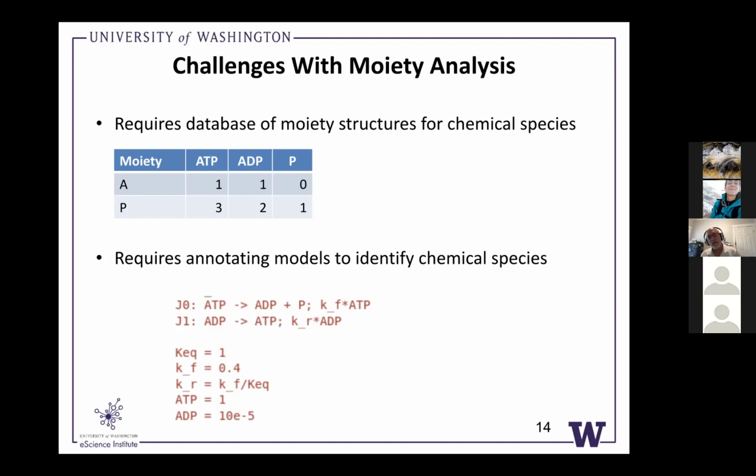Another subtlety with this, which we'll talk more about later, is that this inconsistency checking approach can find that an inconsistency is present, but it doesn't tell you anything about where that inconsistency is.